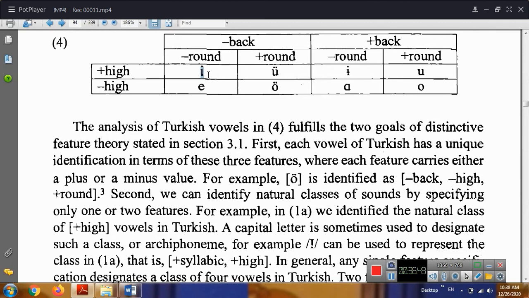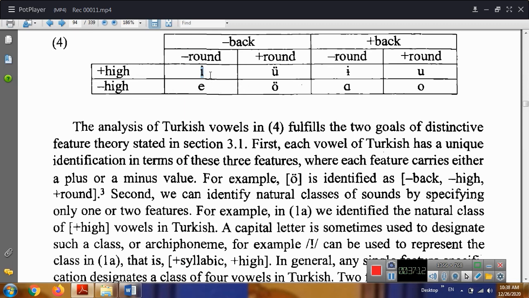For example, when we want to specify E, we should write plus high, minus round, minus back. When we want to write U, we should write plus high, plus round, minus back. When we want to introduce A, we should write minus high, minus round, and minus back.